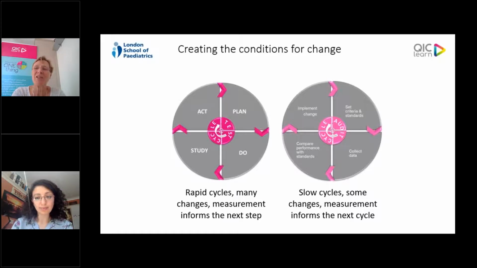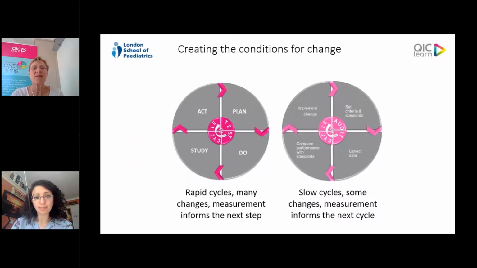Small scale tests of change, PDSA, is not at all the same as doing an audit. But the thing that can be really useful is that with audit, the big challenge is around implementing change. So that top quadrant on the left of audit is often the place where things fall down. That's the place where clinicians move on to their next rotation, leaving a set of recommendations.